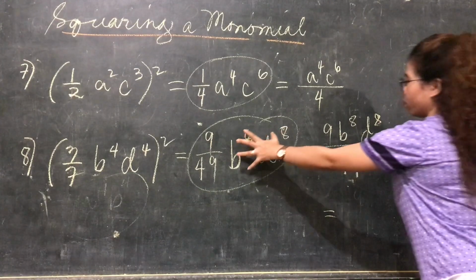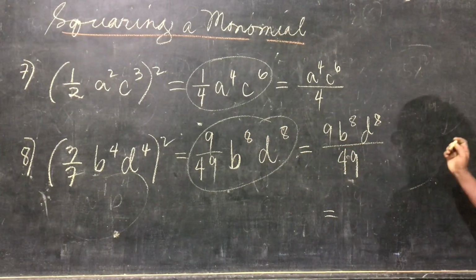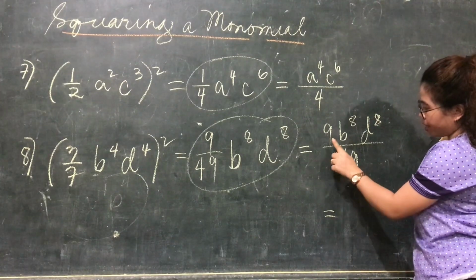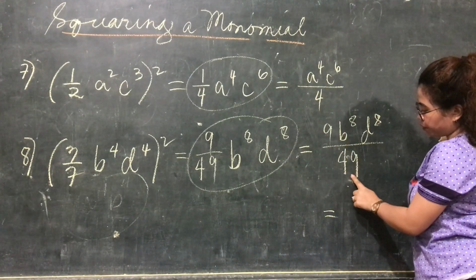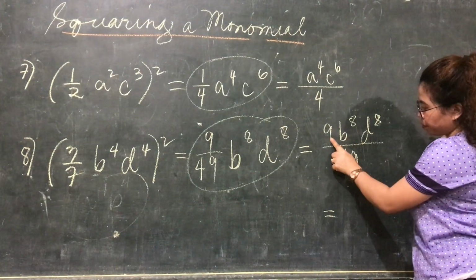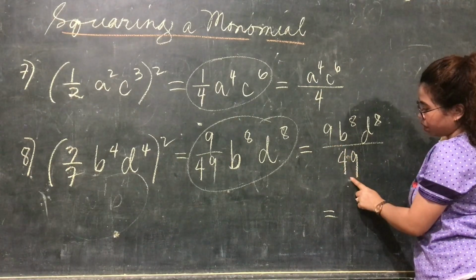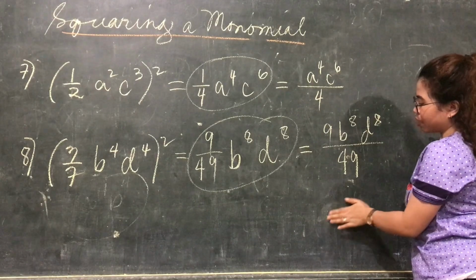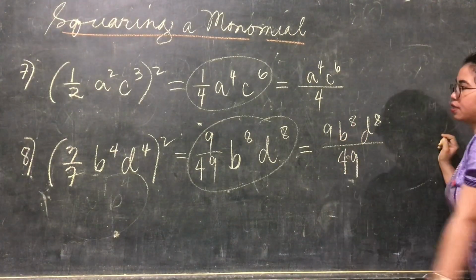So, it could be kani mong answer, it could be kani. Unya, dili na nato ma-reduce kay wala naman tayo makita nga number nga makabahin kang 9 o kang 49. Si 9 pwede mabahin kang 3, pero si 49, dili siya mabahin into 3 perfectly. So this is the answer.